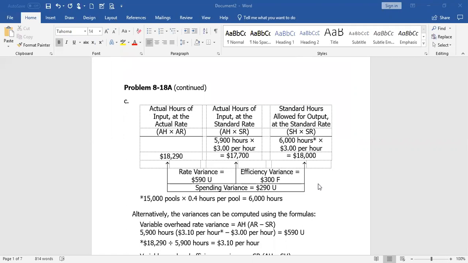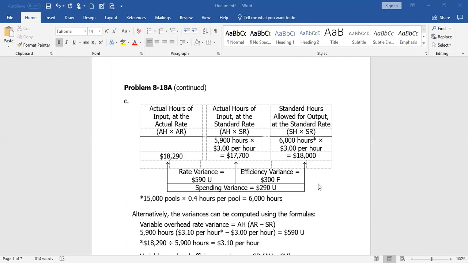What does the flexible budget say it should be? Well, take your actual hours used, 5,900 machine hours, times your standard rate of $3 per hour, 17,700.